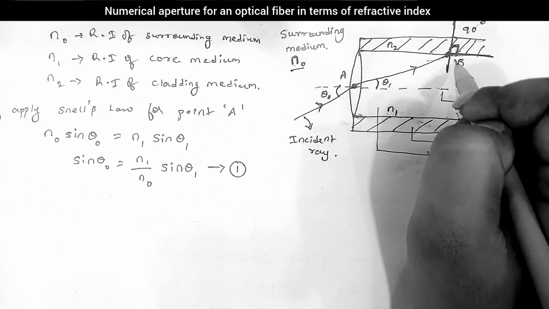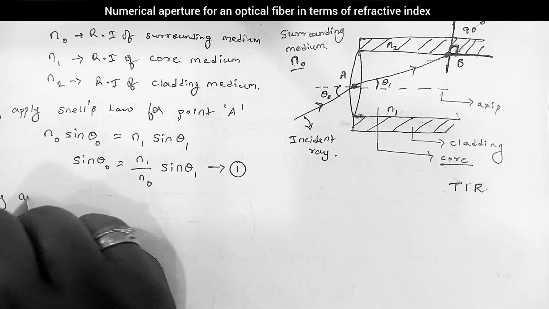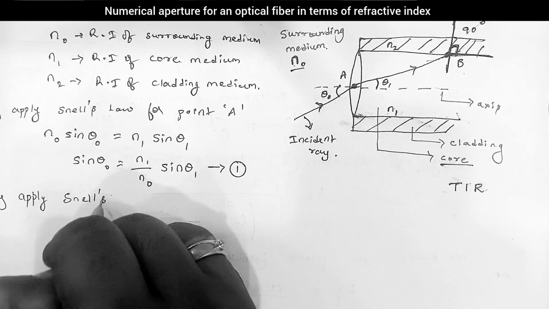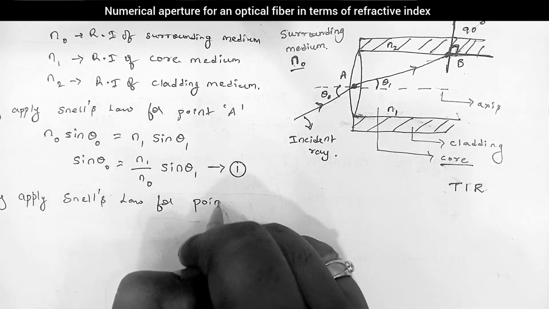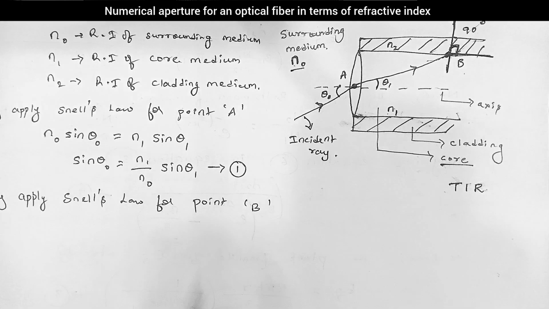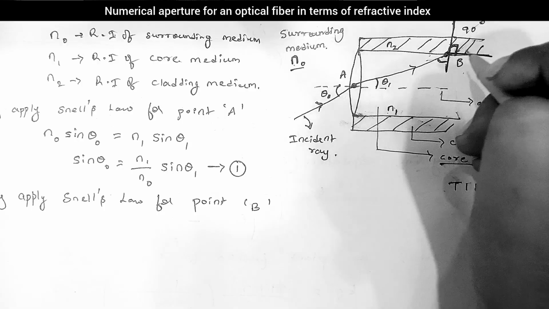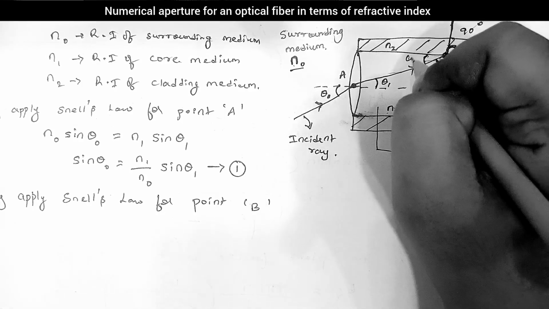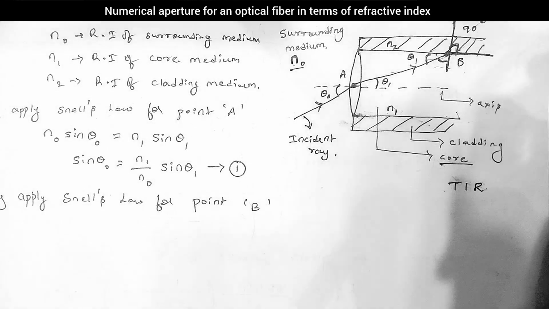So at point B, I will apply Snell's law. Now I want the angle of incidence. You know this alternate angle will always have the value theta 1.